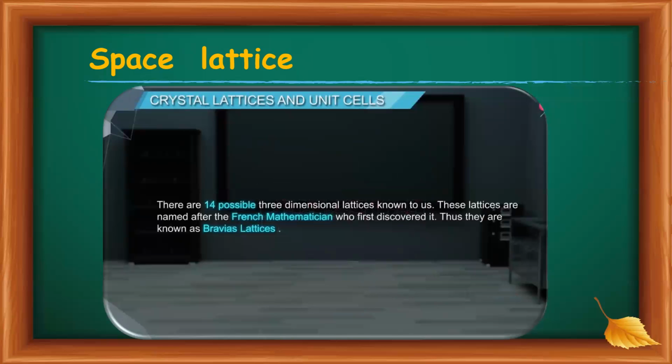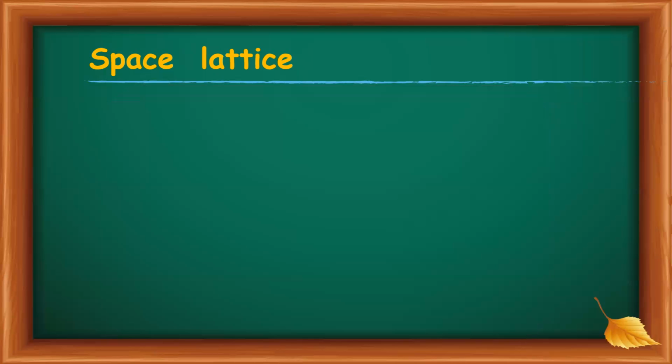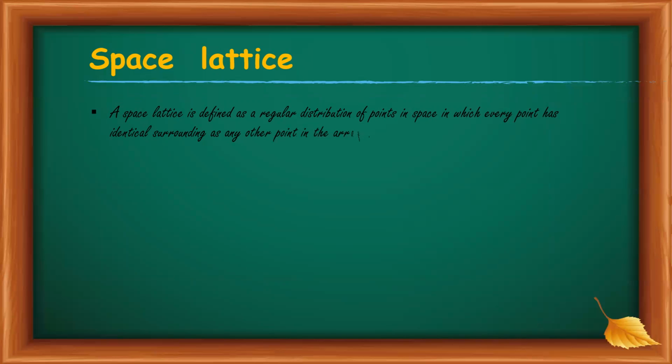There are 14 possible three-dimensional lattices known to us. These lattices are named after the French mathematician who first discovered them. Thus, they are known as Bravais lattices. So, a space lattice is defined as a regular distribution of points in space in which every point has identical surroundings as any other point in the array.